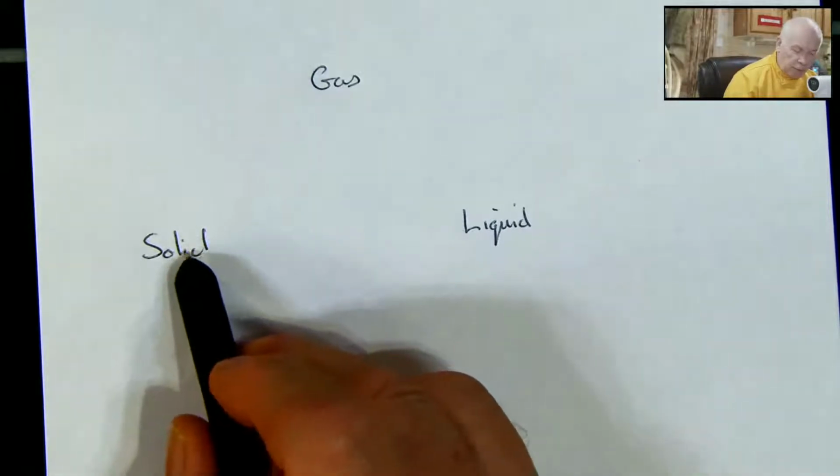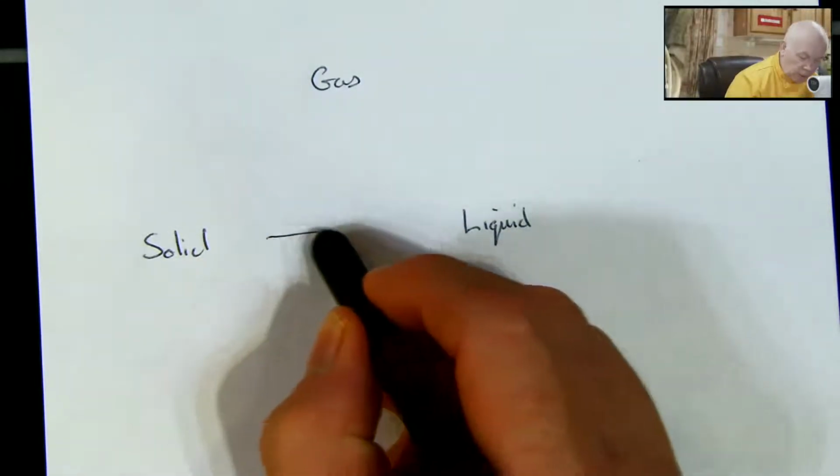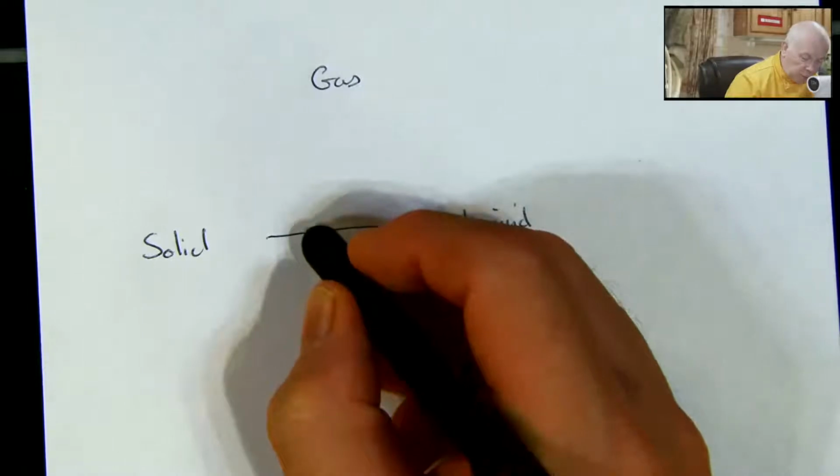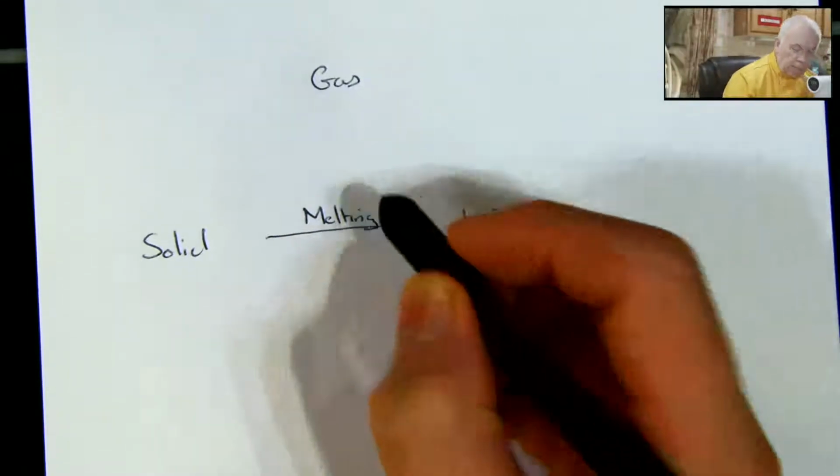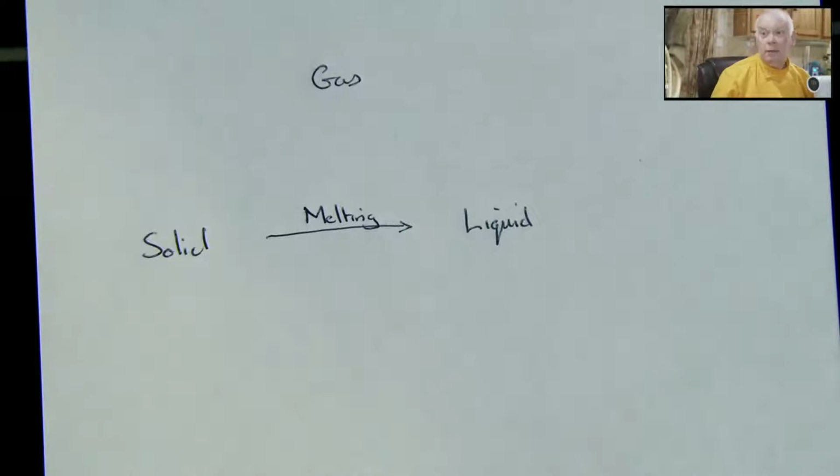Firstly, then, to go from a solid to a liquid, we've got to undergo some melting. And this is what I'm actually doing at the moment, over on this side, and it's going to come online in a sec. No, it's not. Okay, I'll talk for a moment.